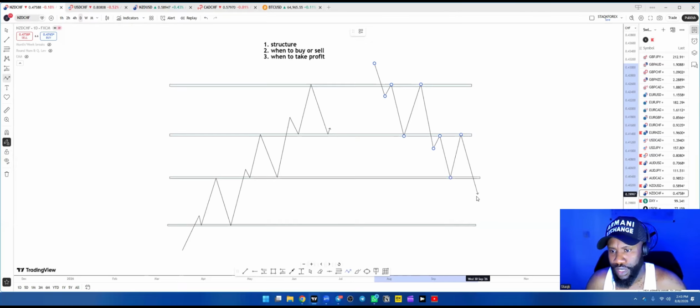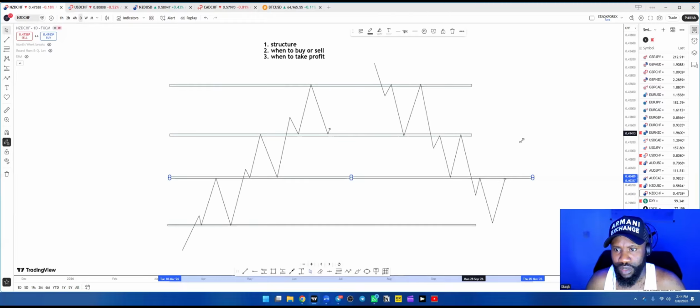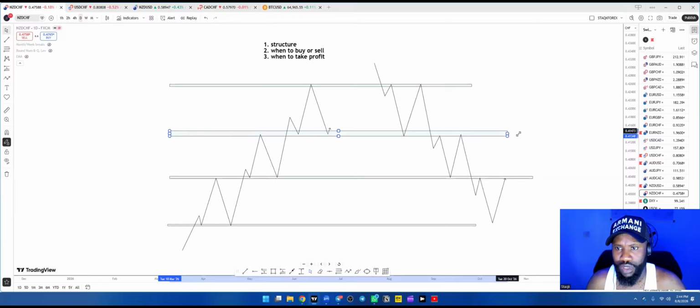Then a break again, the retest, then we have a pullback again, and before price broke. So let me adjust this. Okay, so I make it easier for you to understand what I'm saying.